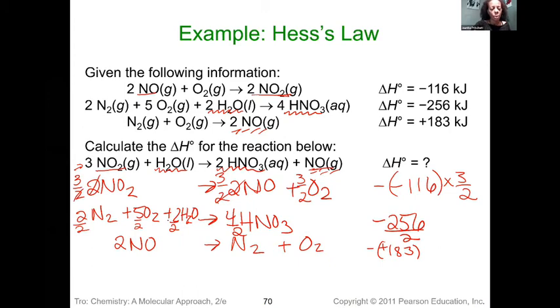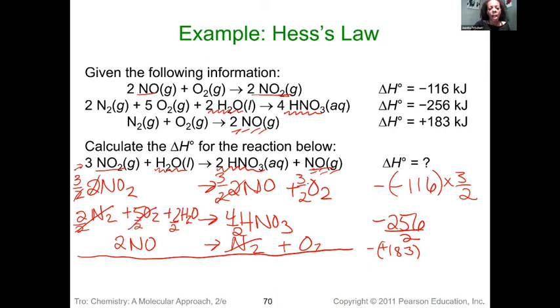So at this point, we should be ready to try to add our equations together to see, did we create our desired equation? And so we look for what can cancel out. Things that are on opposite sides of the equation are able to cancel out. So I have 2 over 2 or 1 nitrogen. I also have 1 nitrogen, so that can be canceled. I have 5 halves oxygen.